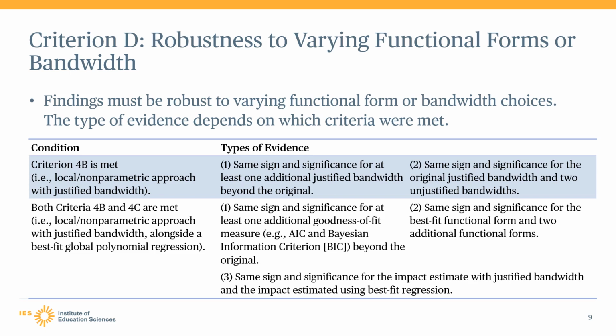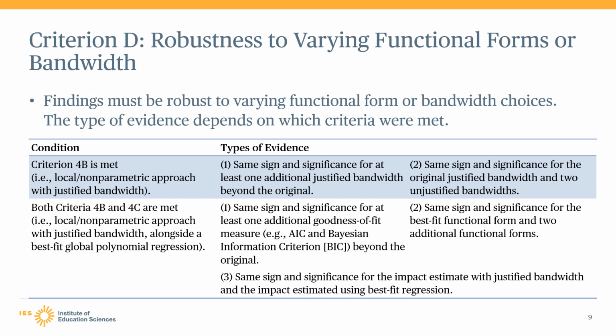The first is if findings from robustness checks demonstrate that the sign and significance of impact estimates is the same for one or more additional justified bandwidths beyond the one used in the primary analysis. Two impacts are considered to have the same significance if they are both statistically significant at the 5% significance level, or if neither of them is statistically significant at the 5% significance level.